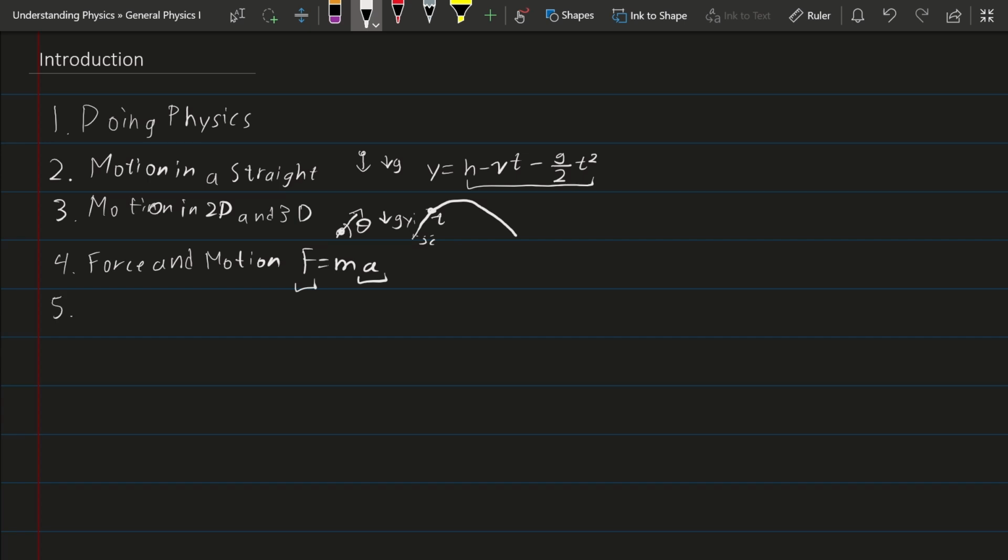The fifth chapter talks about how to use Newton's laws, in which we will discuss different examples that we have in the world and discuss them through the force.